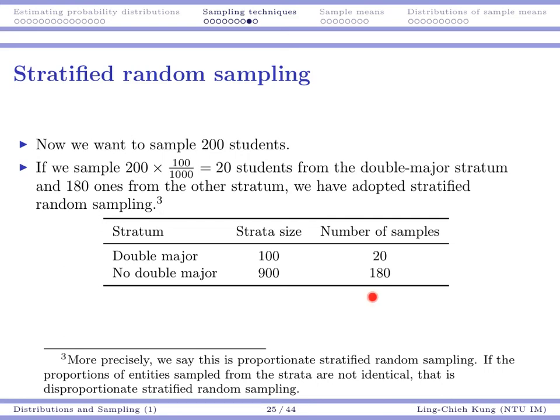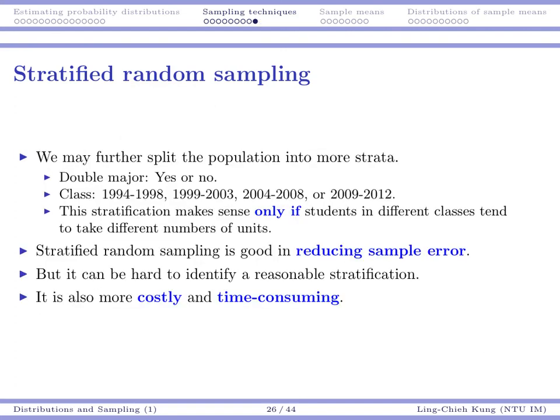Okay, and then 180 from the non-double major group. Then I'm going to perfectly control the impact of double major because I am selecting 10% of students in my sample with double major, which is exactly that percentage in the population. Okay, then this gives me a typically more representative data set.